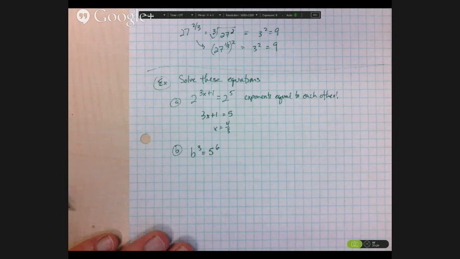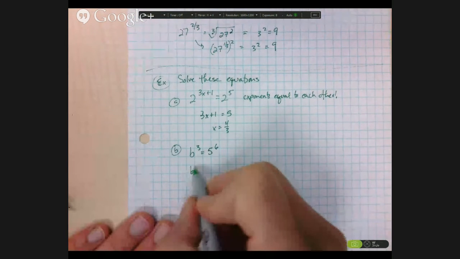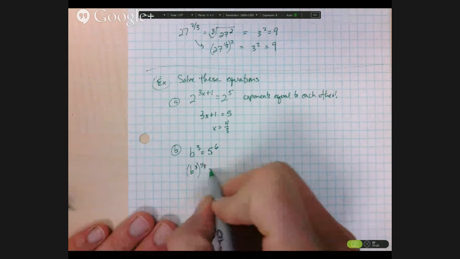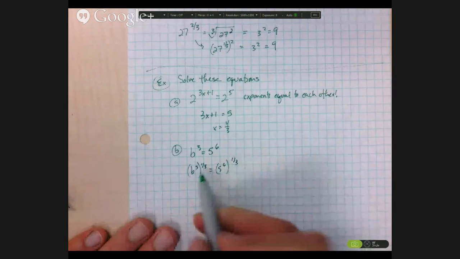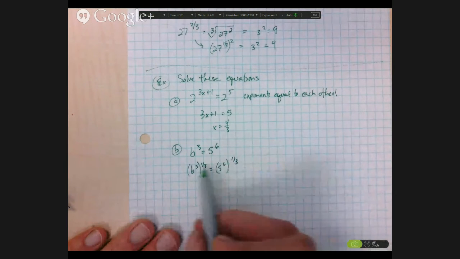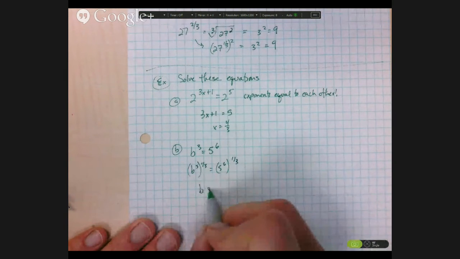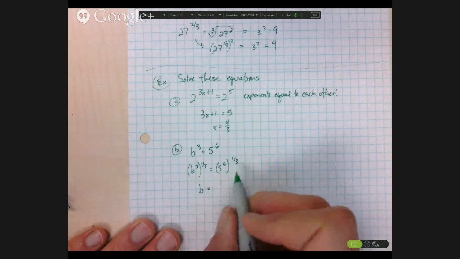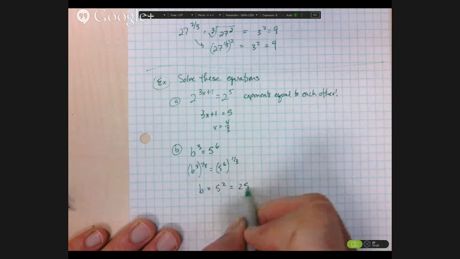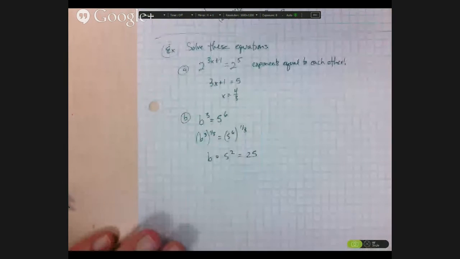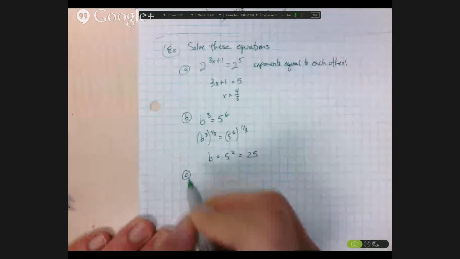Let's raise each side to the 1/3 power. All right, so 3 to the 1/3, 3 times 1/3 is 1, so that gives us b. And then 6 times 1/3 is 2. We get b is 25. Okay, just kind of have to think through those sometimes.